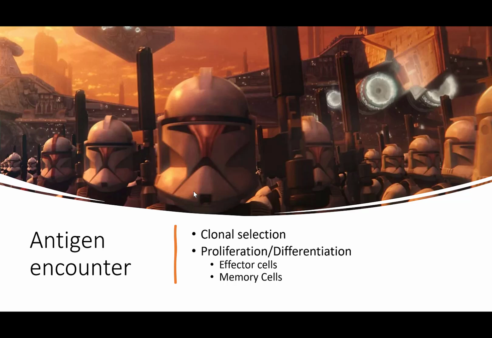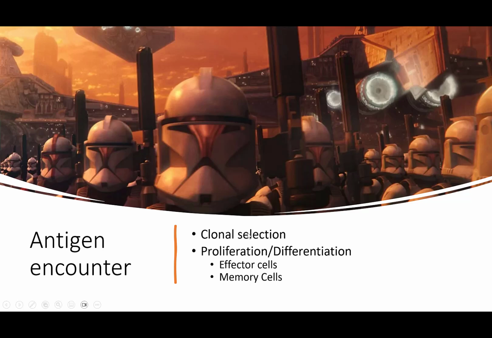When a B cell or a T cell encounters its specific foreign antigen, we're going to go through a couple of processes. First, we're going to go through clonal selection. We start to make clones or copies of that specific activated cell.